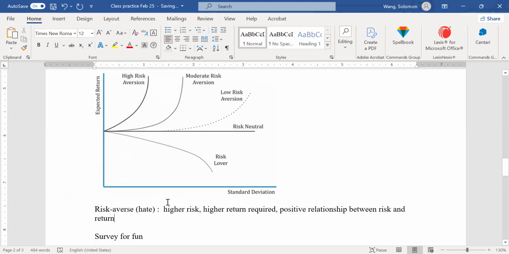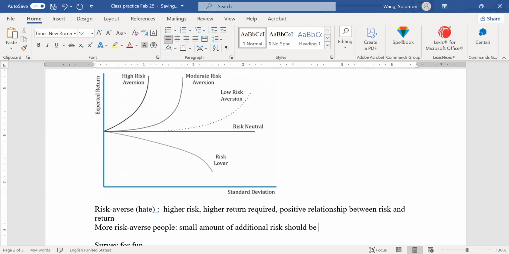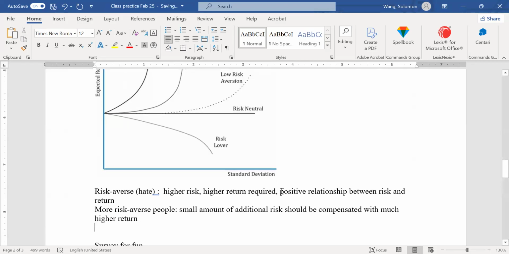So that means for more risk averse people, a small amount of additional risk should be compensated with much higher return. Okay, still it's the same positive relationship between risk and the return, but they're more sensitive. For a small amount of additional risk, they want a much higher return.